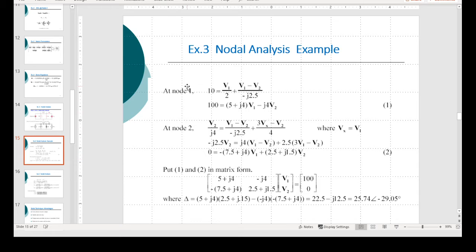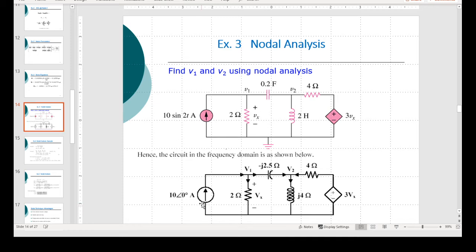At node 1, watch that we've got a current source. So this entire current, according to KCL, is flowing into the node, and these two are flowing out of the node. So it means that current is equal to this plus that.